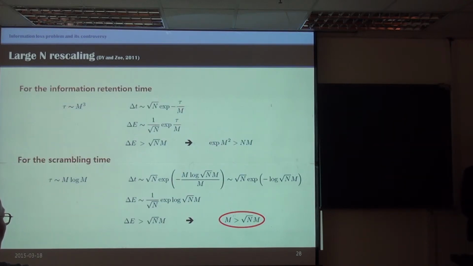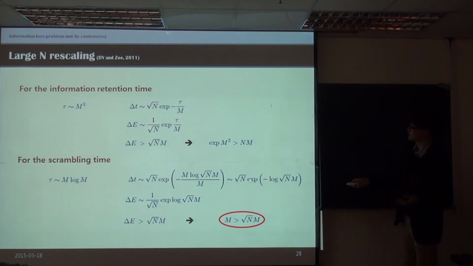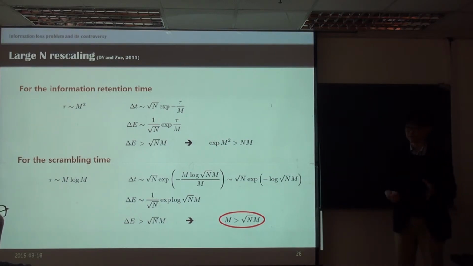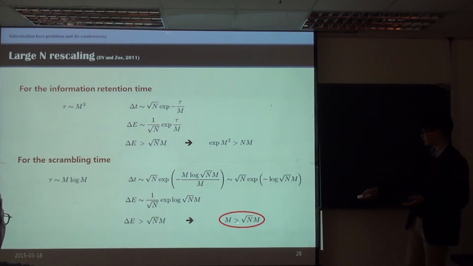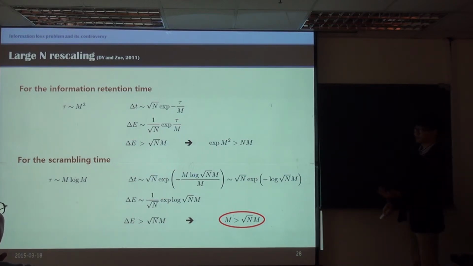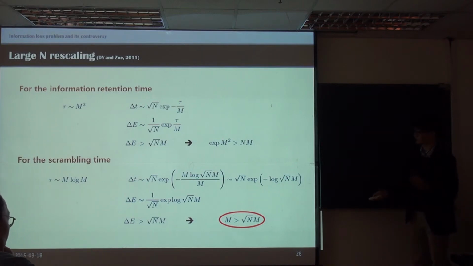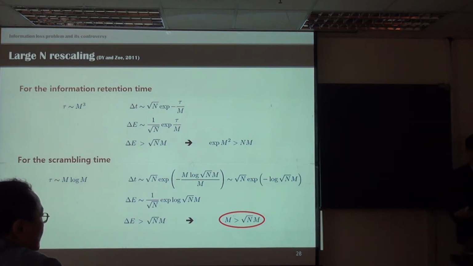Then after some calculations, which I will skip the technical details of, let's say that this inequality is the consistency condition for black hole complementarity, but if n becomes larger and larger, then this inequality can be violated. So this is the reason why I'm saying that this large n argument is a counterexample of black hole complementarity.